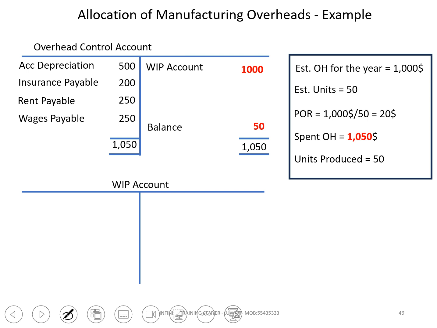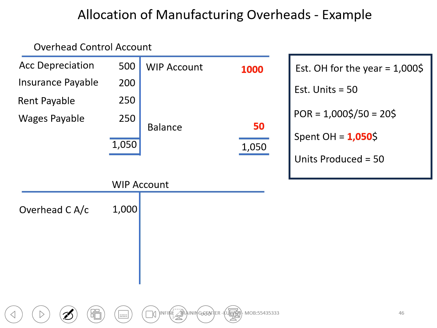We can see here $1,000 is going to the work in progress account, and actually you spent $1,050. So now you have a balance in the overhead control account, and you should not have a balance there, right? It has to be transferred to work in progress. Why? You actually spent $1,050 and you are transferring to work in progress only $1,000. So your actual cost, whatever you spent, has not gone to your product cost. That means your product cost is wrong.